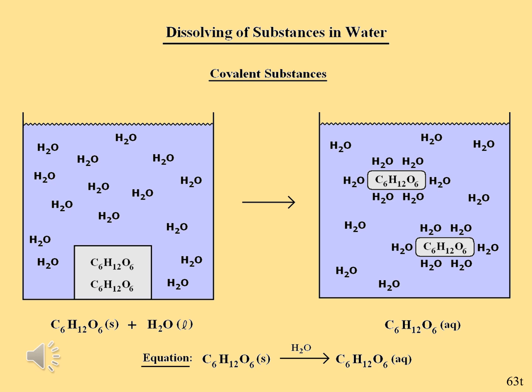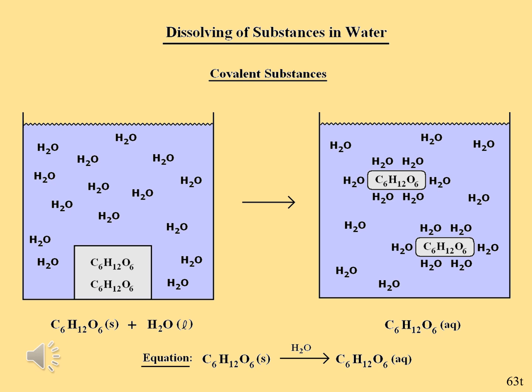The thing is, what happens when that occurs? What happens is that water molecules pick up first a molecule of sugar, carry it away, and surround it. Then they reach into the crystal and do it again. By the time the whole crystal is gone, you end up with sugar molecules surrounded by water that are dissolved.